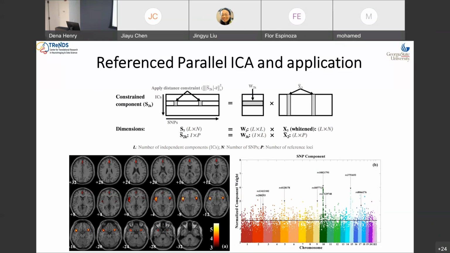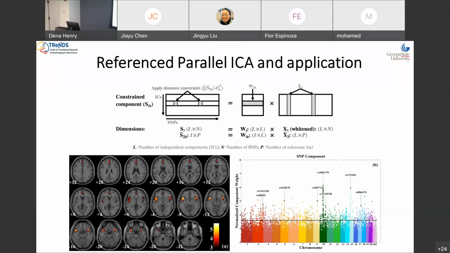Because schizophrenia risk SNPs were reported in the GWAS studies and they have to reach a very significant p-value, like 10 to the minus 8, to be marked as reliably relevant. But we still have some suggestive risk SNPs, which may have p-values at the 10 to the minus 4 level. They show some relevance, but not as strong as the genome-wide significant ones. But you cannot say that they are not important.